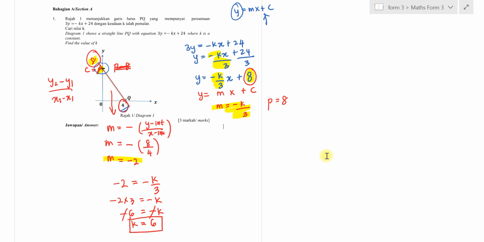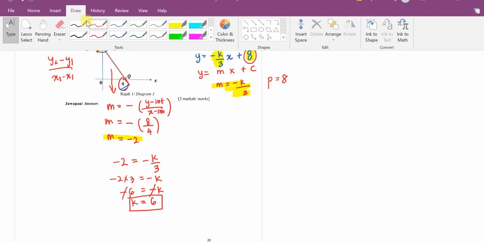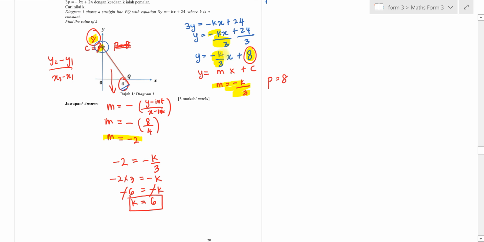Sir, I don't understand the last part. Negative 2 equals negative k over 3. Okay, you see this part: from this equation, we know the gradient is negative k over 3, right? And from this graph, we can also find the gradient, negative 2, right?